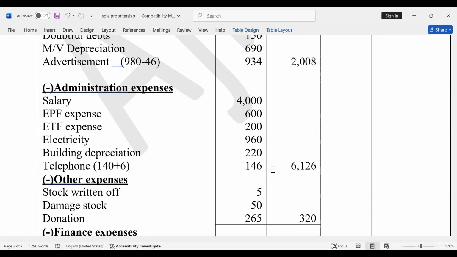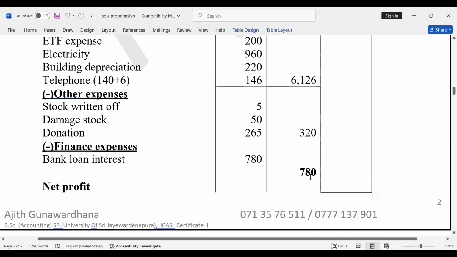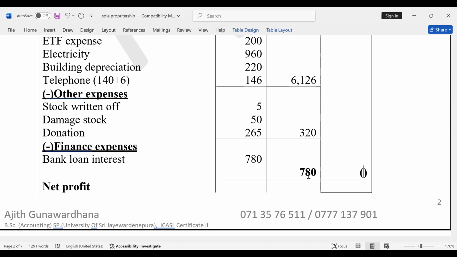Calculate total value, total expense. Total expense equal 9,234 within bracket, last column.